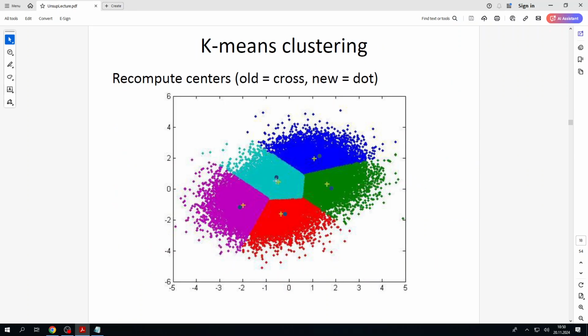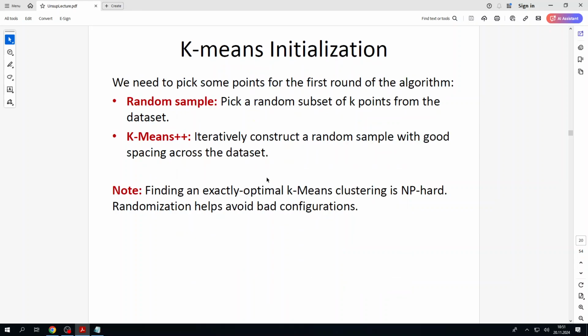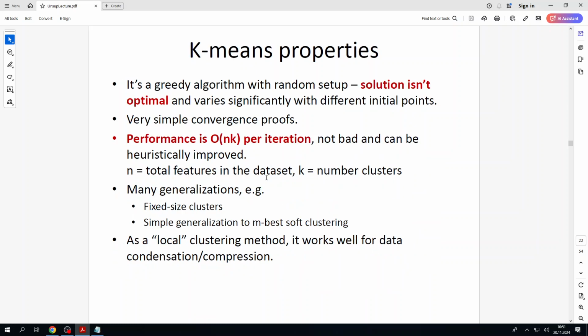The further the new centroid point is from your original centroid point, the higher the probability that you are going to choose that one. This way you can optimally distribute them and then start working on the algorithm. There are many variations of this algorithm as well, such as fixed size clusters or generation of M-best soft clustering algorithms, but we are going to try the very basic one in the practical exercise to deal with some data set.